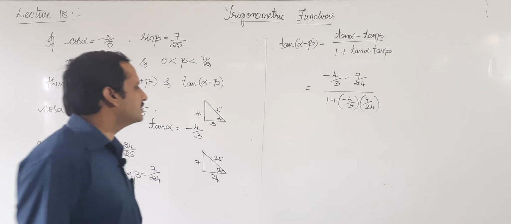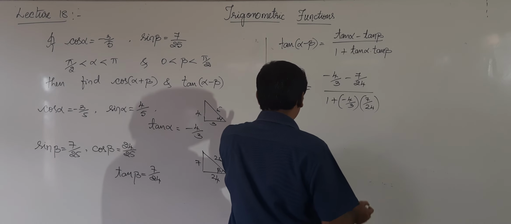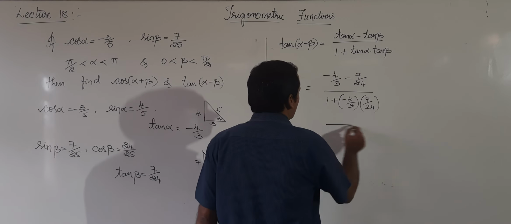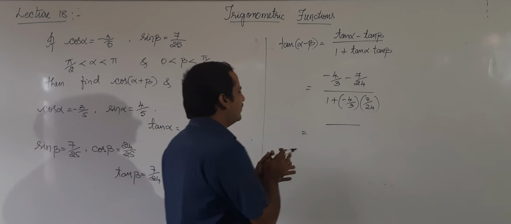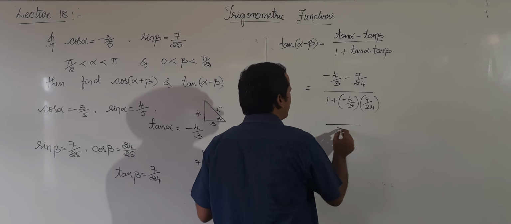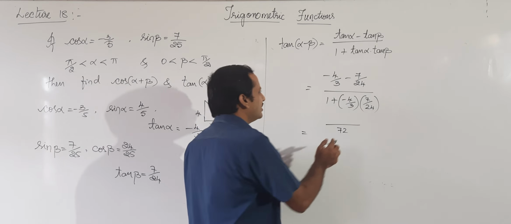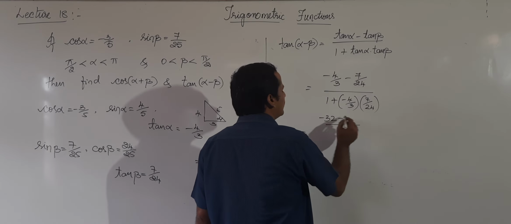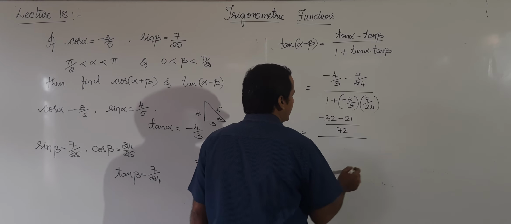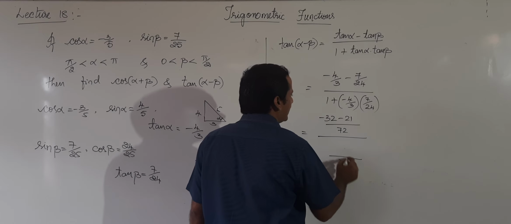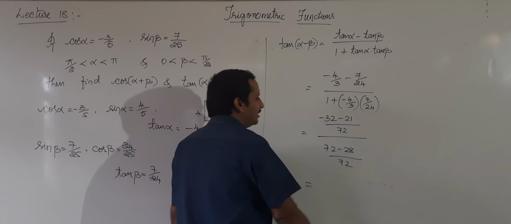Okay. So what happens here? I will take 3 into 24, that is 72, as the LCM, to avoid confusion. 3 8s are 8 into 4, minus 32. Minus 24 3s are 3 into 7, 21. Here also 24 into 3 is 72. This will become 72 minus 28.